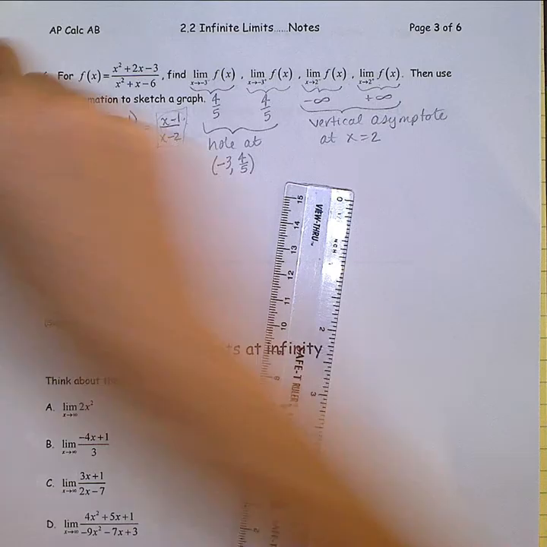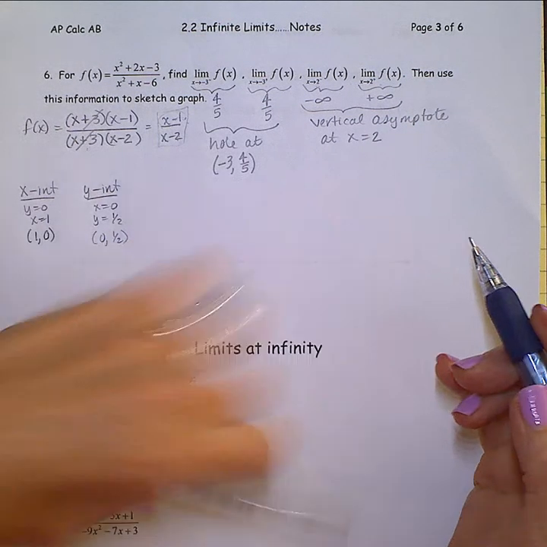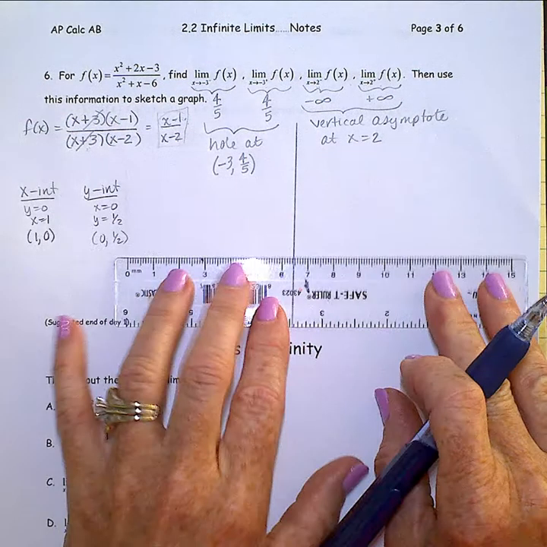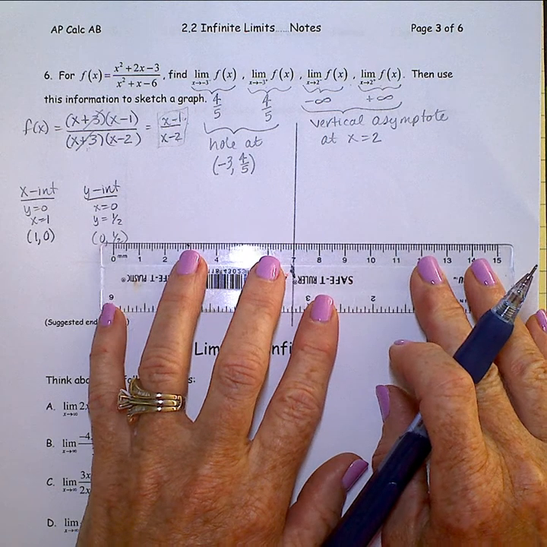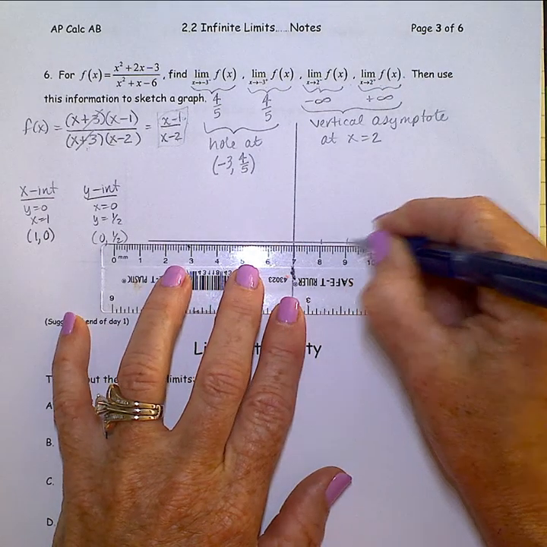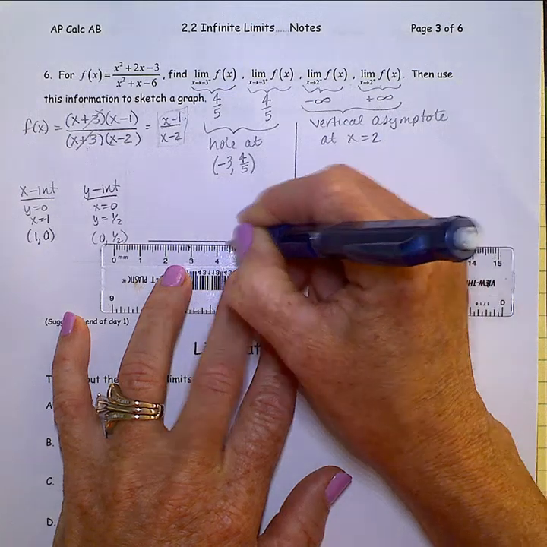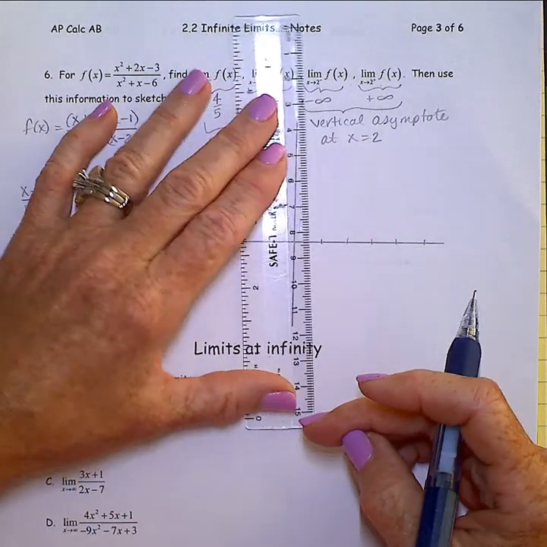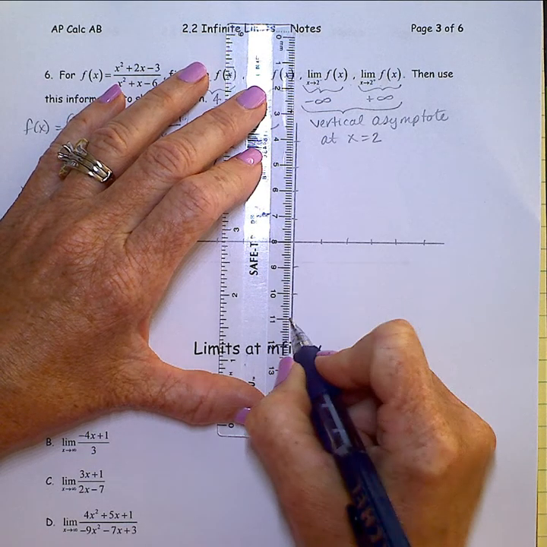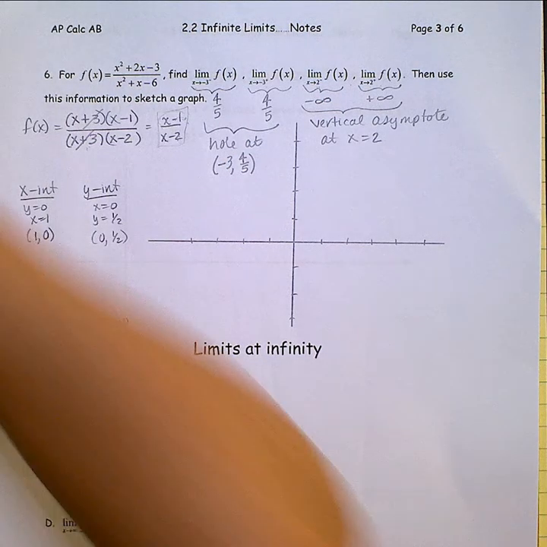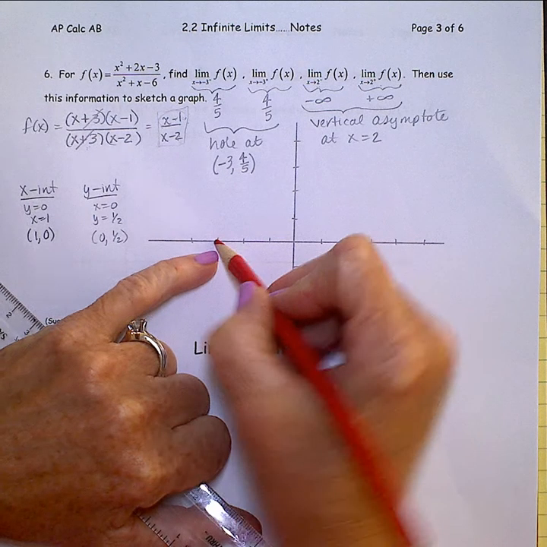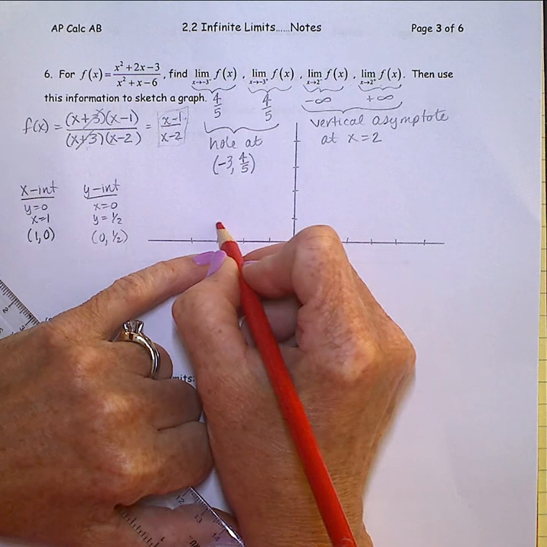All right, let's sketch. Here we go. We have a hole at -3, 4/5. -3, 4/5 is right about there.